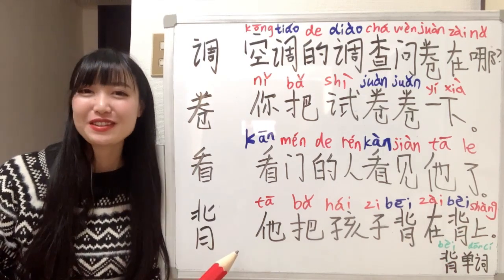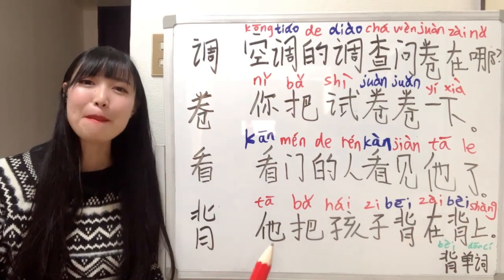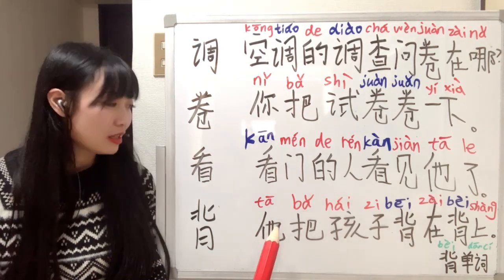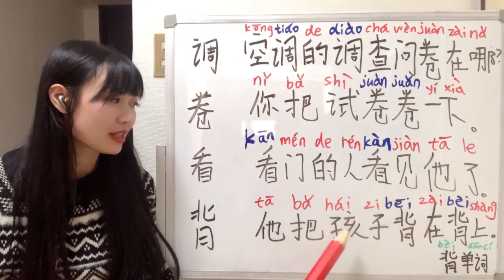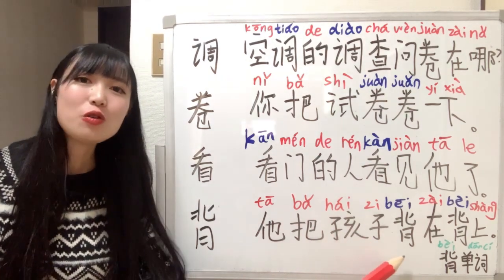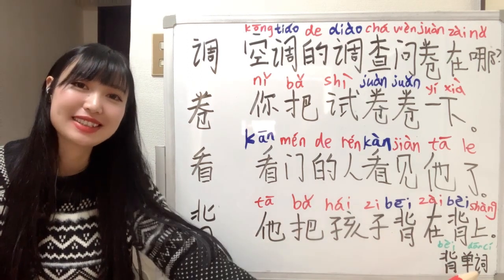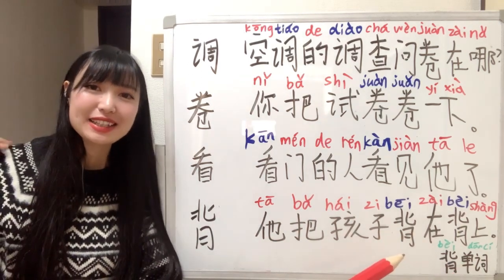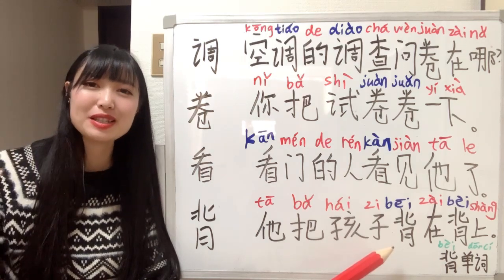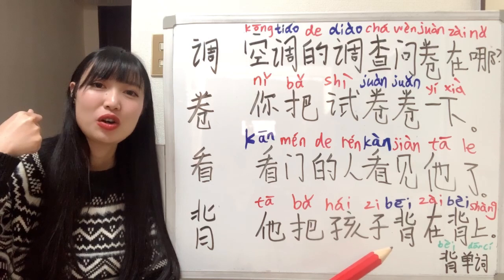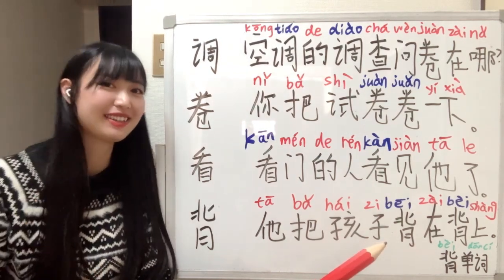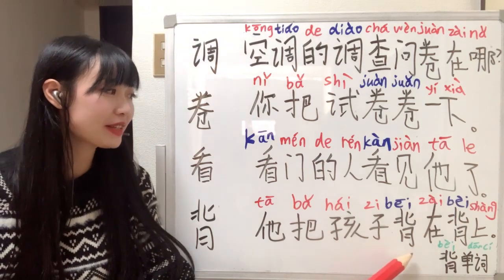But what's the difference between them? 他把孩子背在背上 means he carries the child on his back. So 背 with the first tone means to carry something on someone's back. So 背 is a verb.